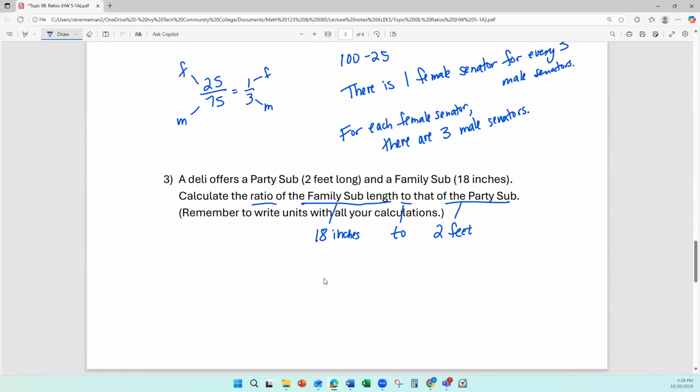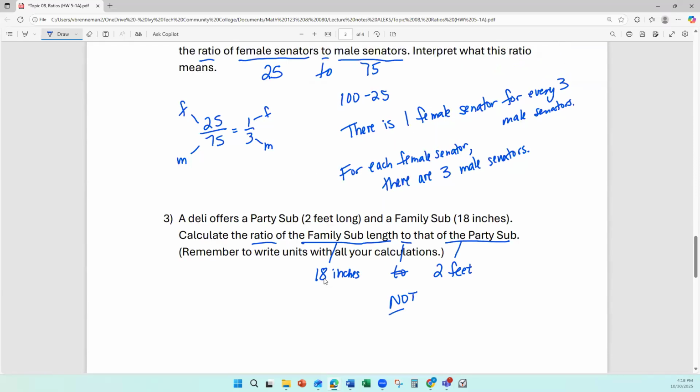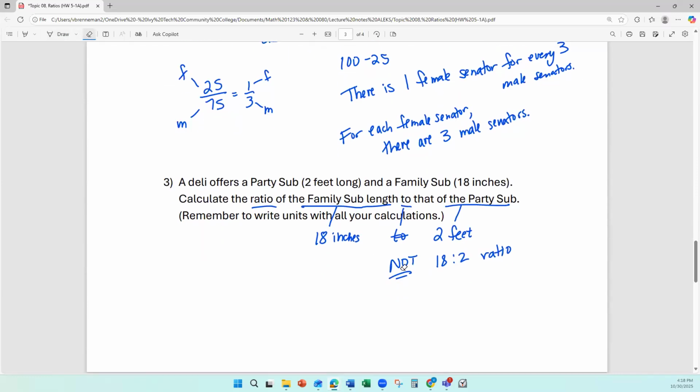I have to include those units. This is not an 18 to 2 ratio. So this is a case where we have the same type of units. We are doing a ratio of the lengths of these subs. We're not doing a ratio of those numbers.